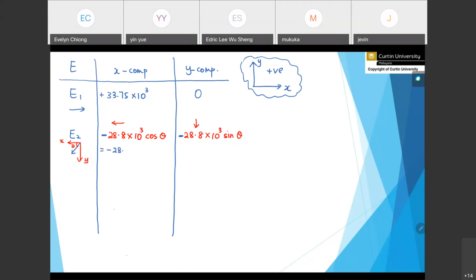So I will have cos is 4/5, and sine is 3/5. I calculate this, I'm going to get how much? 23.04.